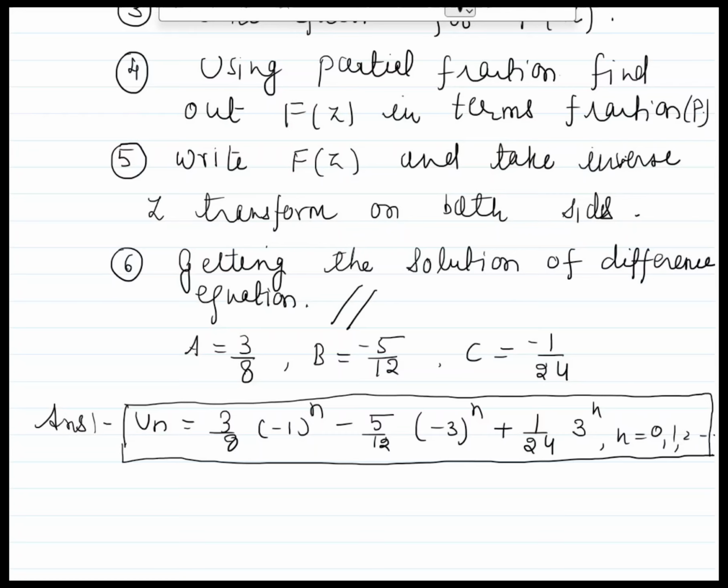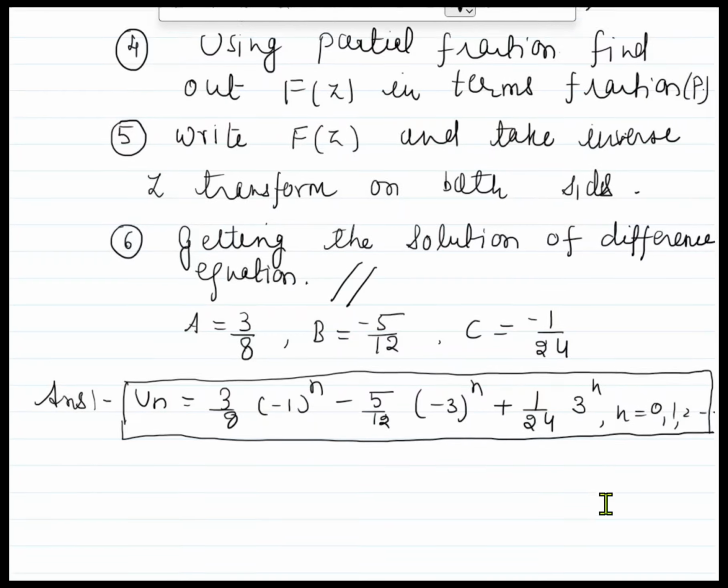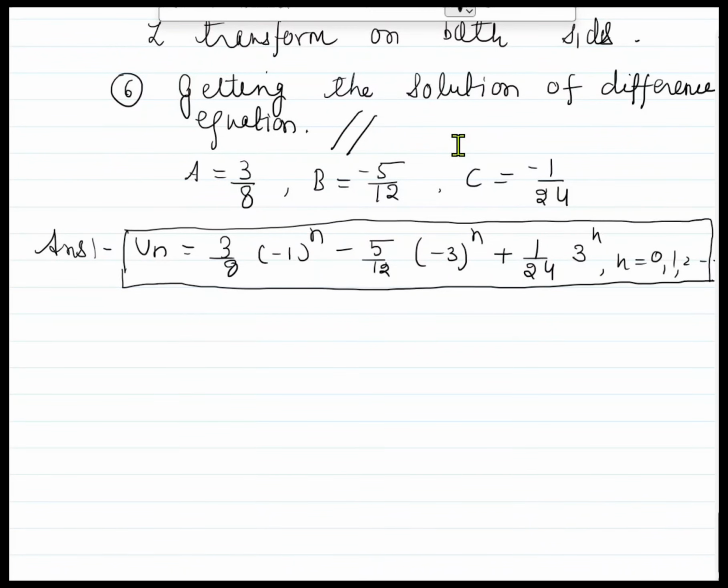Repeating, the value of A is 3 by 8, B is minus 5 by 12, and C is minus 1 by 24. You can also check whether I have written these values correctly or not, because I have just found this solution: A is 3 by 8, B is minus 5 by 12, and C is minus 1 by 24.